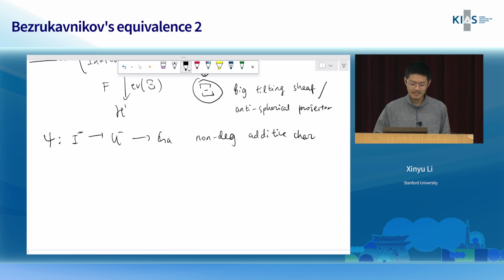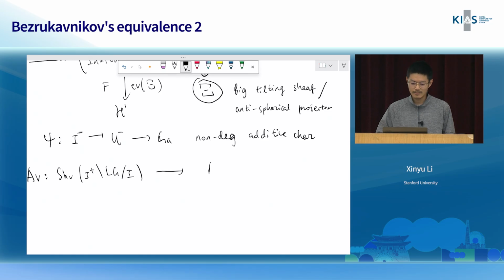Then we have this average functor, or some kind of Whittaker average, which goes from the affine Hecke category to the Whittaker category, which is just the categorification of the space of Whittaker functionals.